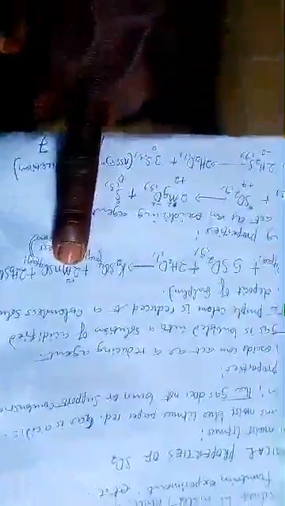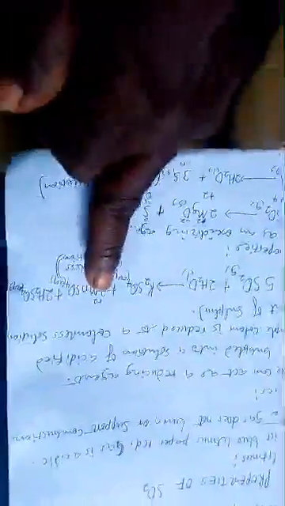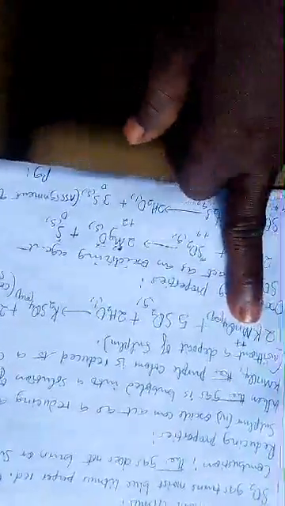The oxidation state of manganese is +7, and on the product side the oxidation state is +2. So this sulfur dioxide has caused manganese to be reduced from +7 to +2. So sulfur dioxide is a reducing agent, while the permanganate is the oxidizing agent.